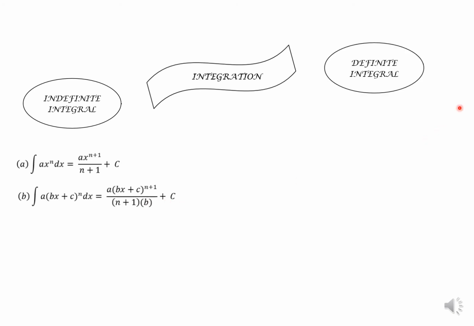Whereas for definite integrals, if integrate fx with respect to x is given as Fx plus c, then integrate from a to b of fx with respect to x will be Fb minus Fa.